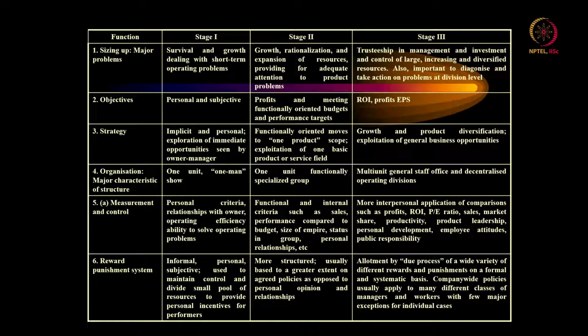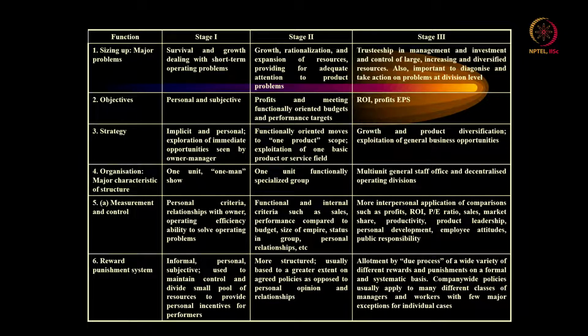When you are looking at stage 3, you are looking at ROI, profits and earnings per share. So, in stage 4 you are looking much beyond. So, this return on investment, profit and earnings per share is characterized by the objectives in stage 3.